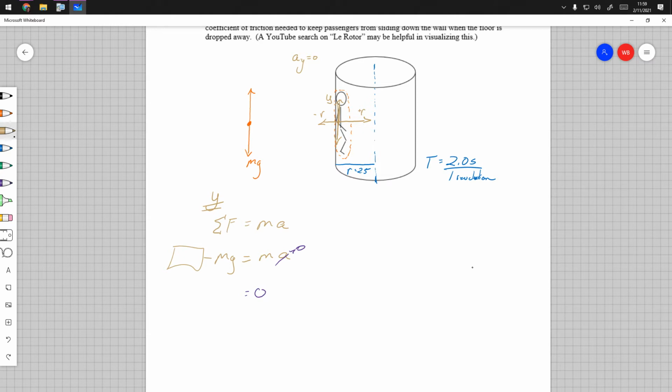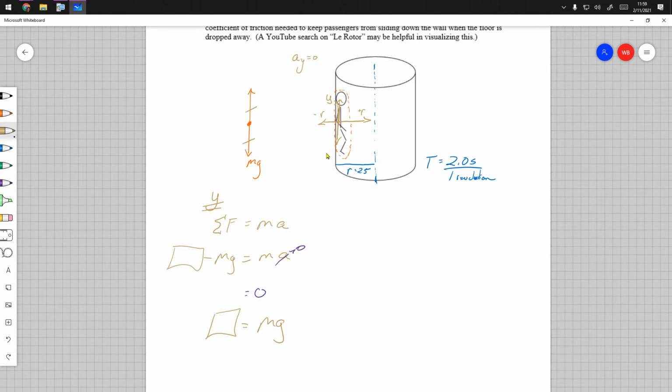Another way to say that is whatever force I have in that box there must be equal to my force of gravity. So I know that a force has to be there, and that force has to be balanced with the thing going down. Otherwise, you'd be sliding down. Why isn't it sliding down? Okay, well, then forces must be balanced. What force is pushing it upwards?